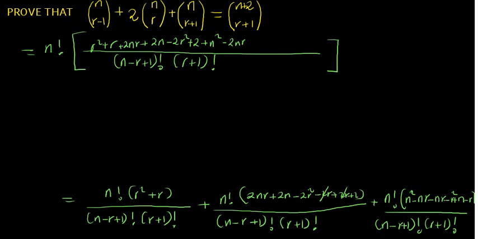And then we have got negative r squared, and then a positive n, and then a negative r. Alright, so here we can see r squared can cancel out with the negative r squared, so those two are going to cancel out. This goes with this. And then what else?